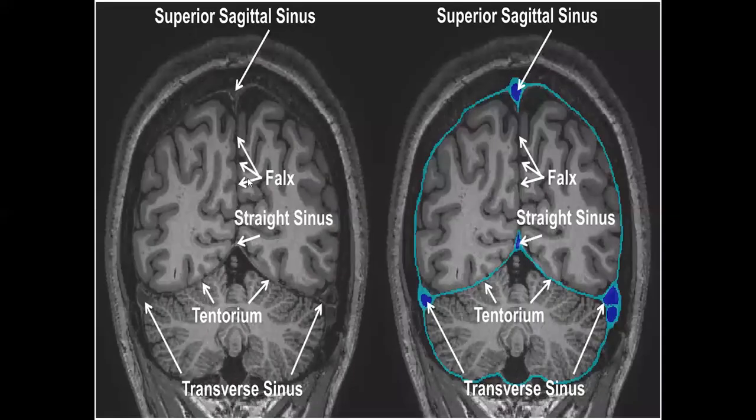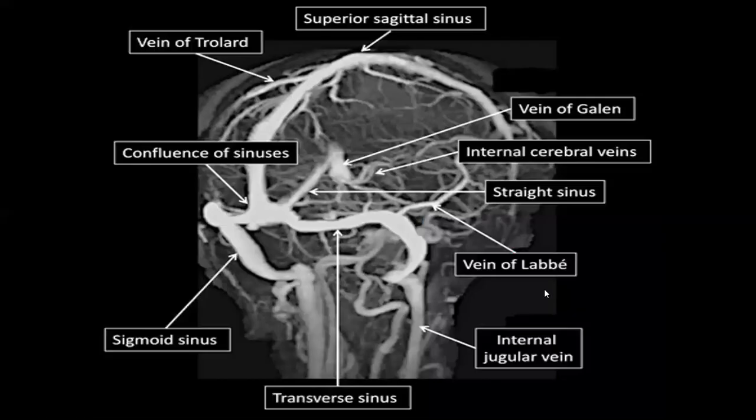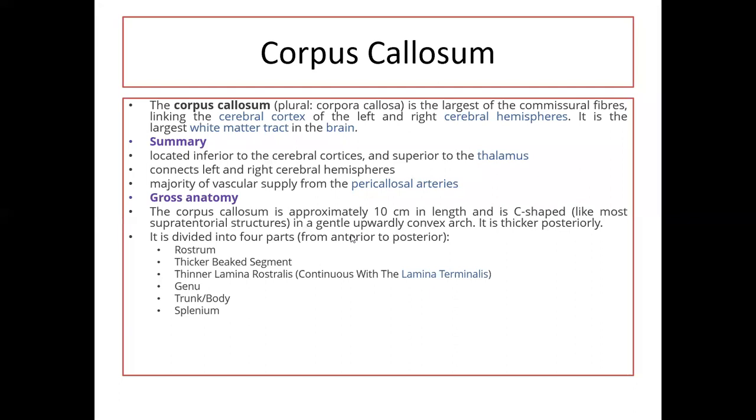So this is the falx cerebri, this is the straight sinus, this is the superior sagittal sinus, this is the transverse sinus, this is the tentorium cerebelli. Again, this is the confluence of all sinuses: superior sagittal sinus, sigmoid sinus, straight sinus, and transverse sinus.